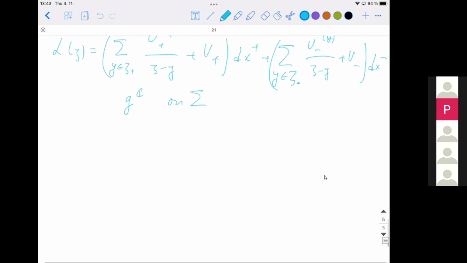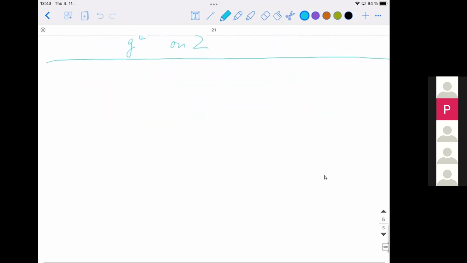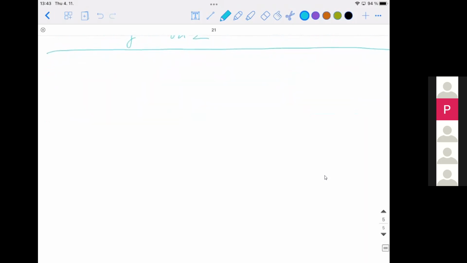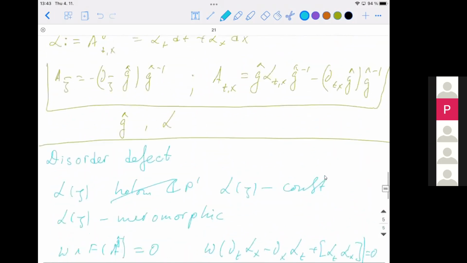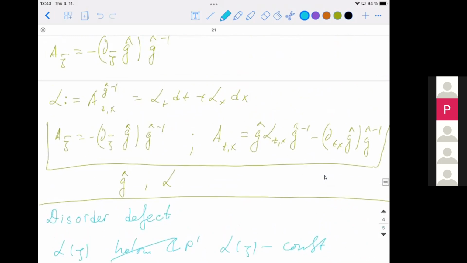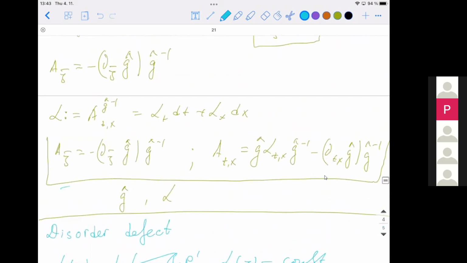So now we can discuss about this G hat thing a little bit. So we had this parametrization here.